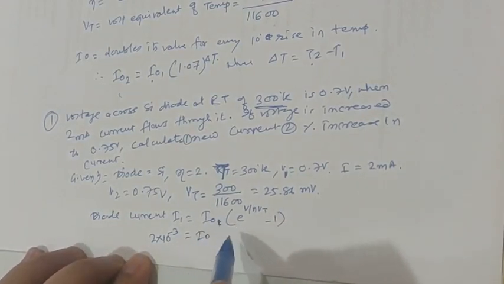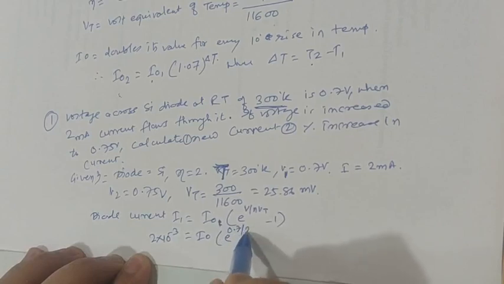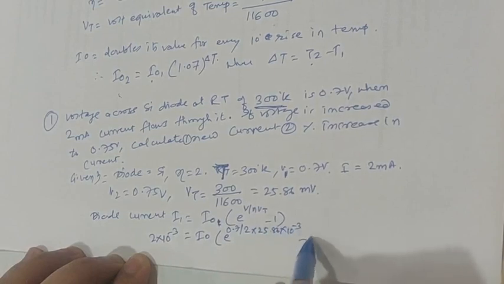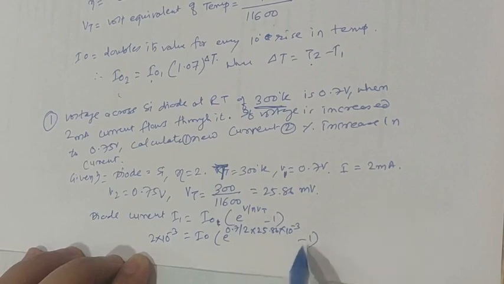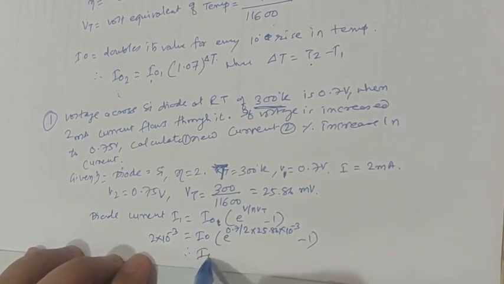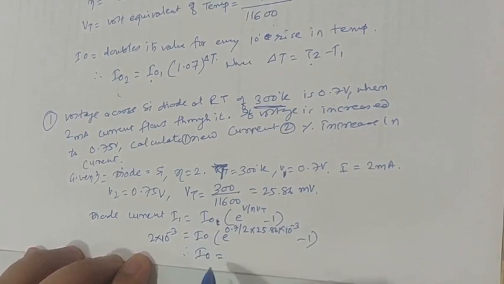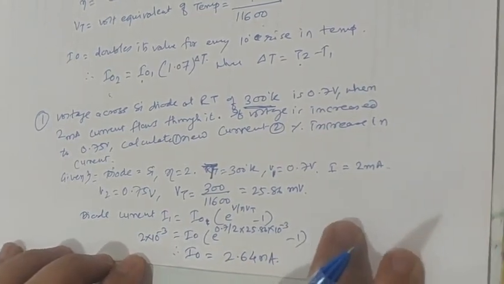I0 I don't know, that I need to calculate. e to the power V is 0.7, eta is 2, Vt is 25.86 into 10 to the power minus 3 minus 1. Remember, it is not e to the power the term minus 1, but it is entire e to the power term and then separately minus 1. Okay, and therefore the value of I0 comes out to be 2.64 nanoampere. So I have calculated the value of I0.